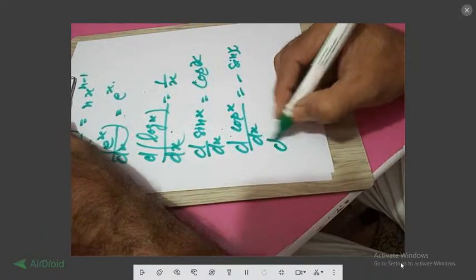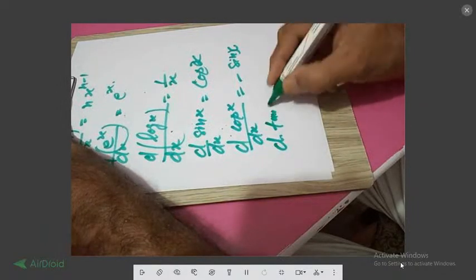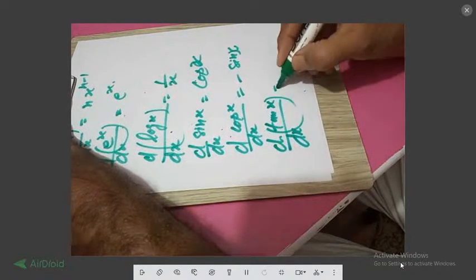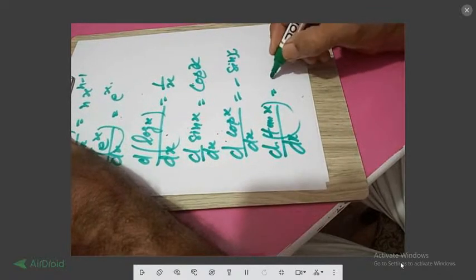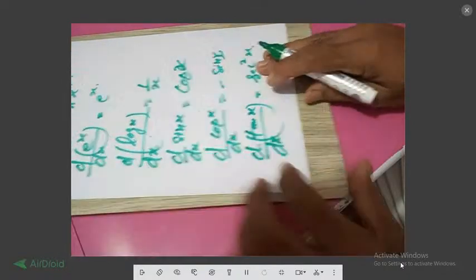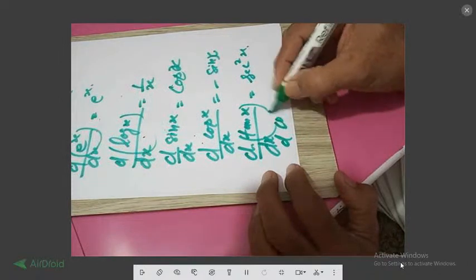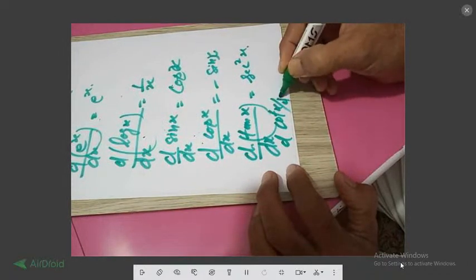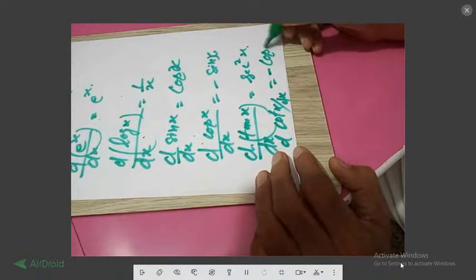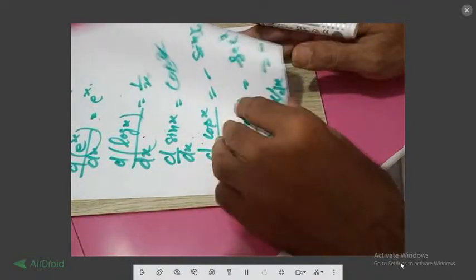Differentiation of tan x with respect to x is equal to secant square x, and differentiation of cot x with respect to x is equal to minus cosecant square x. These formulas are very important.